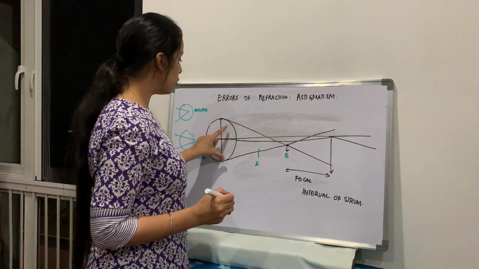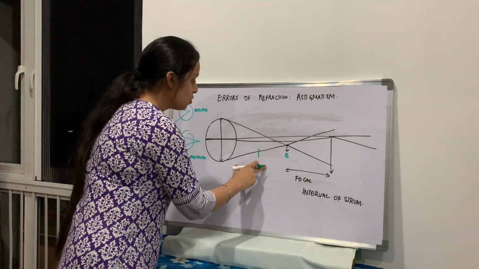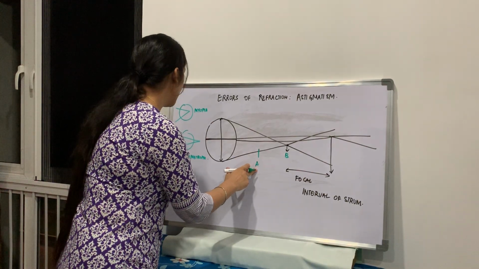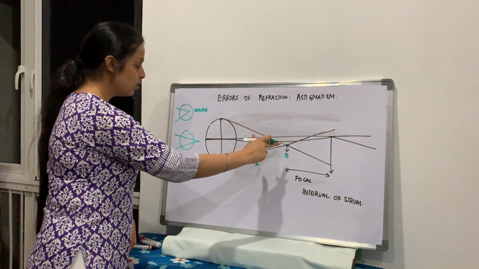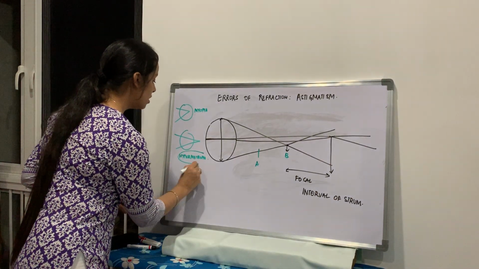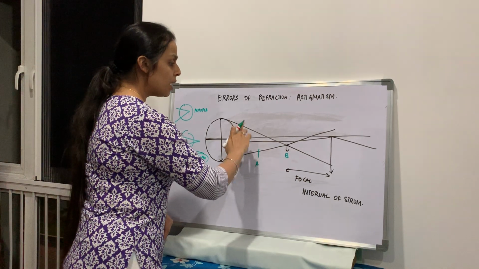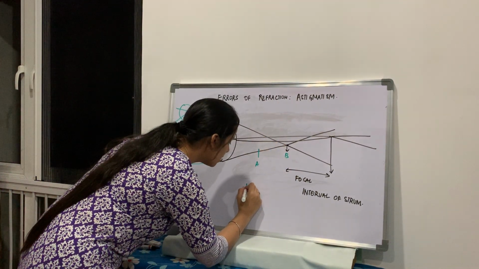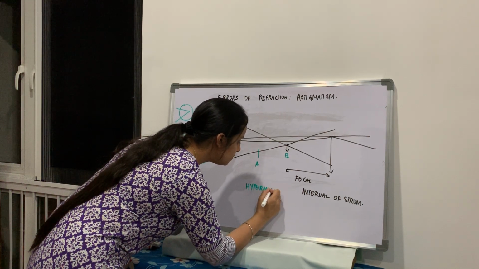So rays of light in both meridians at point A have not come to focus. So both of them are converging. So we encounter a situation wherein the rays of light have not focused and they are going to focus later. So this is actually hypermetropia, because the rays of light over here are going to focus behind this point. Okay, so this is hypermetropia here.